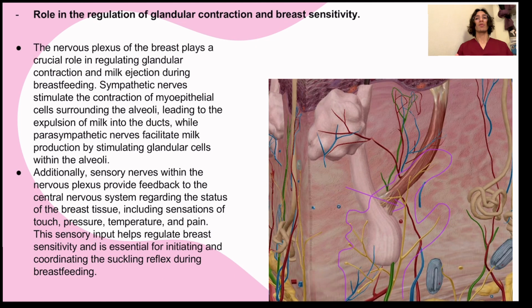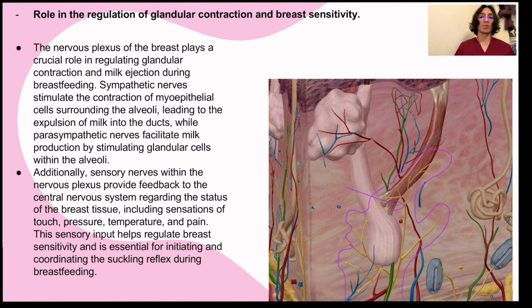The nervous plexus of the breast plays a crucial role in regulating glandular contraction and milk ejection during breastfeeding. Sympathetic nerves stimulate the contraction of the myoepithelial cells surrounding the alveoli, leading to the expulsion of milk into the ducts, while parasympathetic nerves facilitate milk production by stimulating glandular cells within the alveoli.